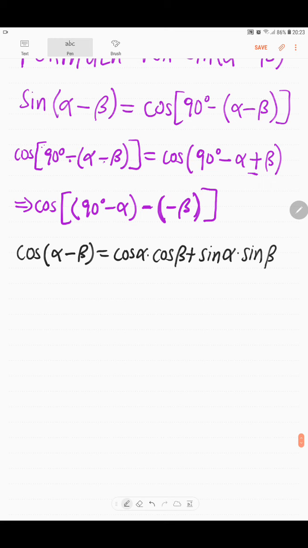Instead of alpha we now have 90 minus alpha, and instead of beta we have our negative beta in that place.